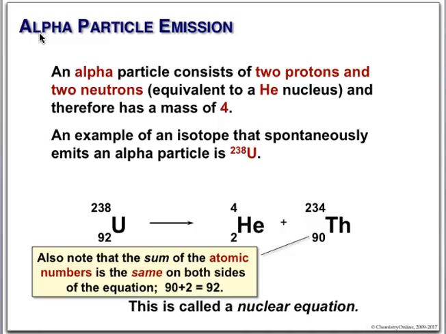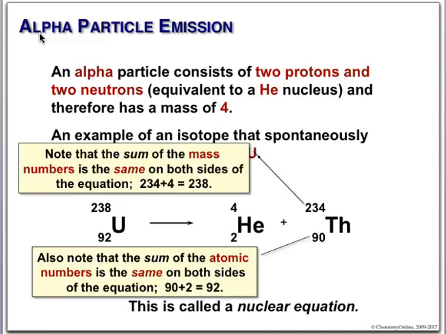Up top, we have 238 on this side, 234 and 4 on this side. A nuclear equation, just like a chemical equation that we'll see, must be balanced on both sides. For a nuclear equation, we're balancing mass number and protons.